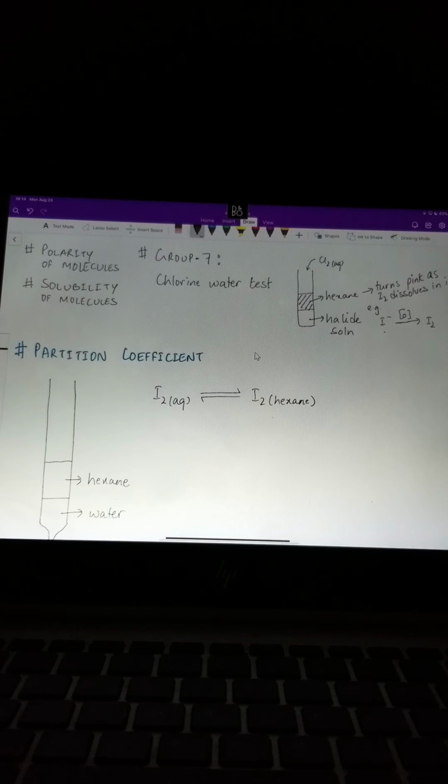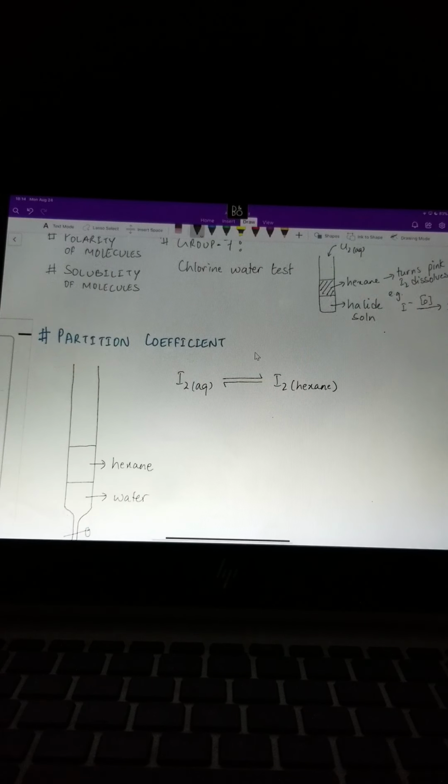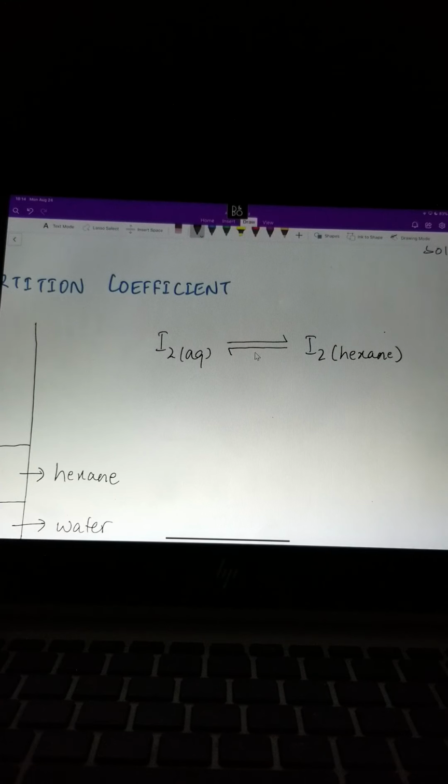Okay, can someone predict if this equilibrium lies to the right or lies to the left? In which one does it dissolve more? Right, good.